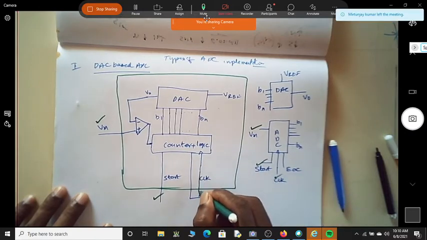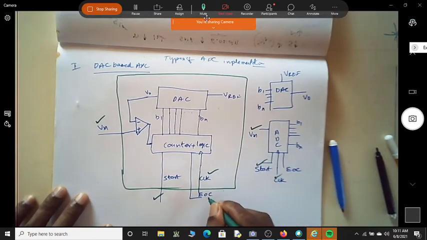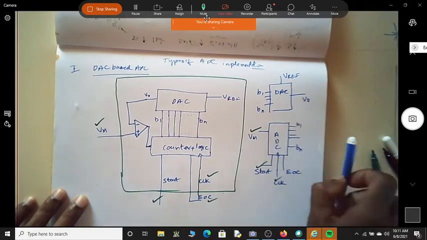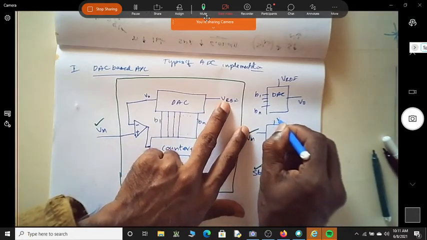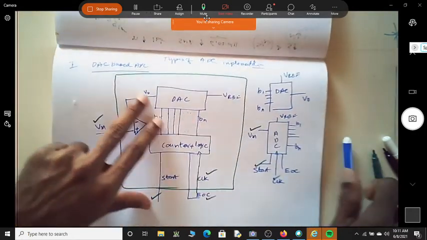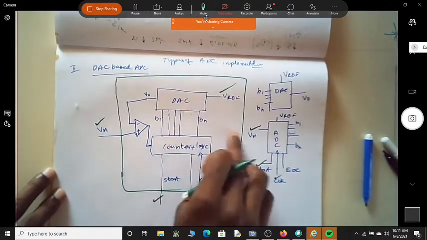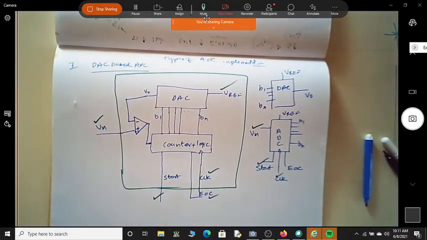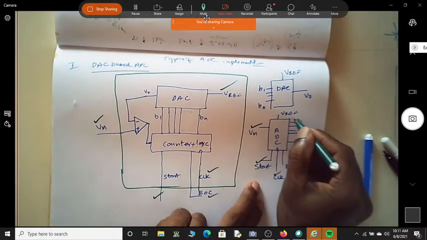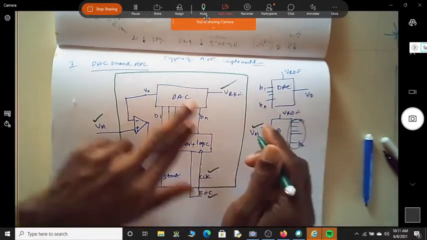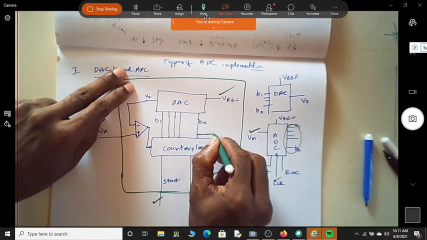Of course, this is one of my inputs. Do I have an EOC? Yes. And for this, I need a reference voltage, which is common for both. Of course, V reference for the DAC is nothing but the reference for this ADC circuit. How about these outputs? These outputs are coming from here.